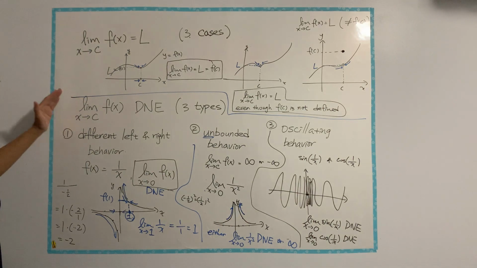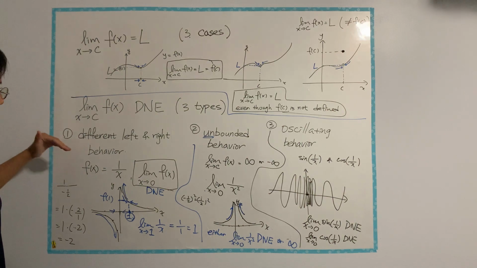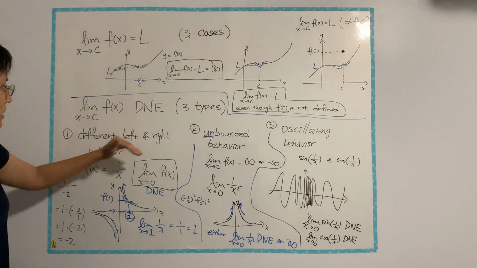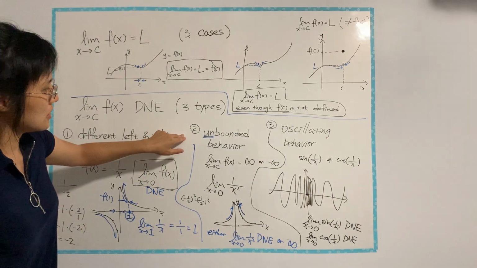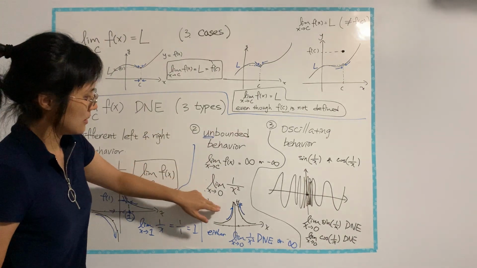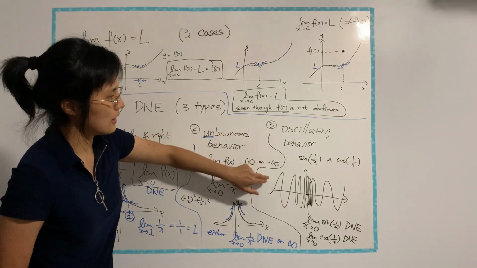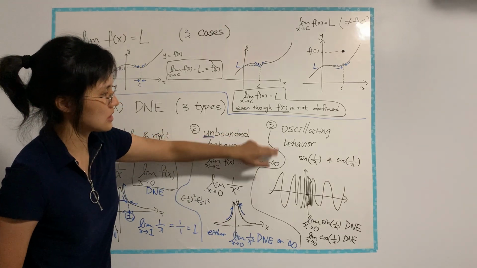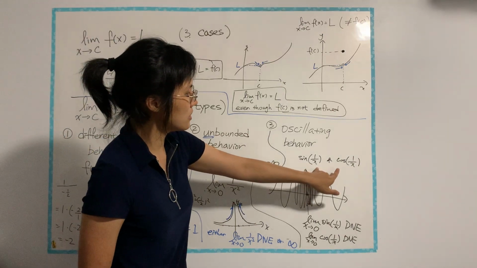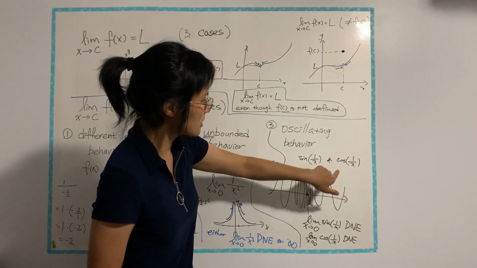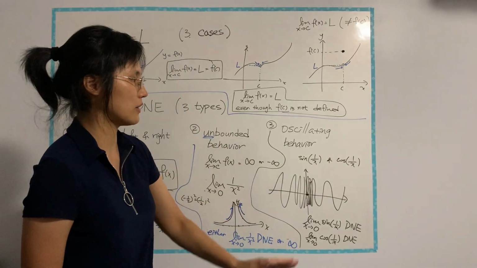And we have the limit does not exist. So what we can see is different left and right behavior. Then, another is unbounded behavior, and the last is oscillating behavior, and they appear in these two cases the most, like sine of 1 over x and cosine of 1 over x.